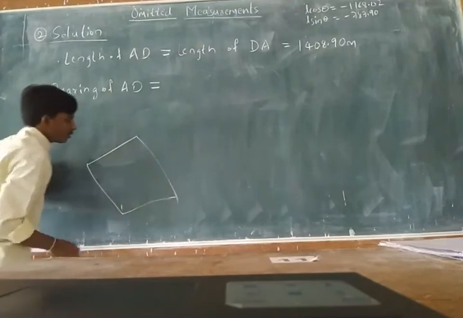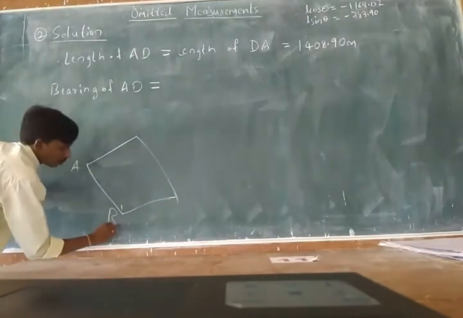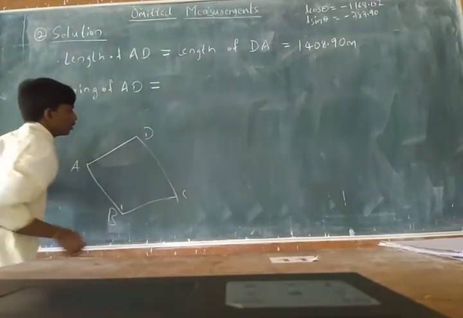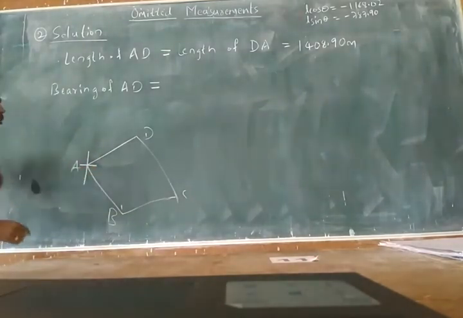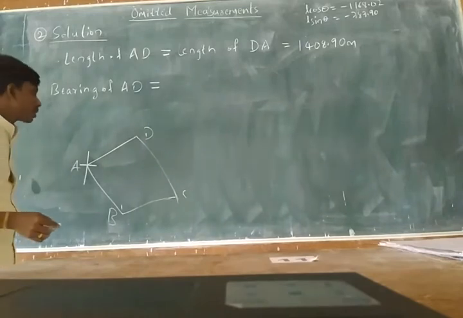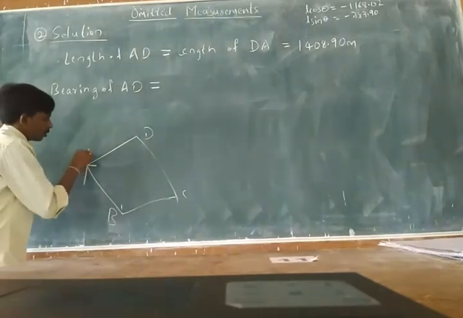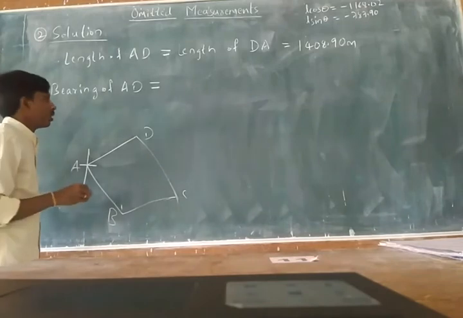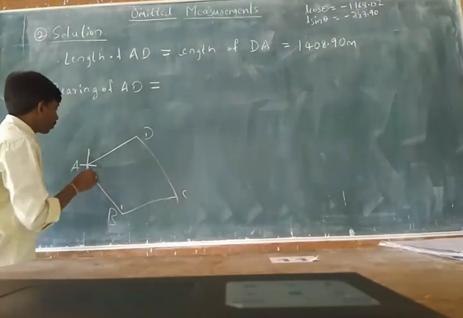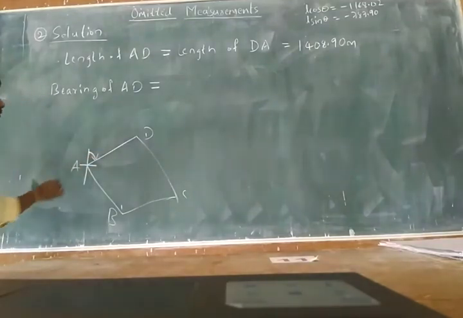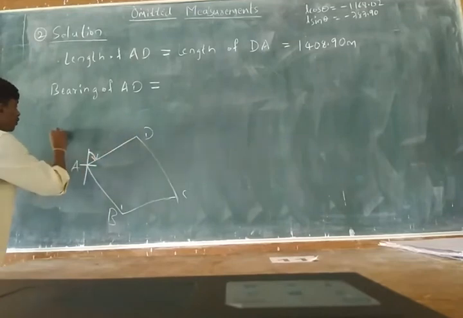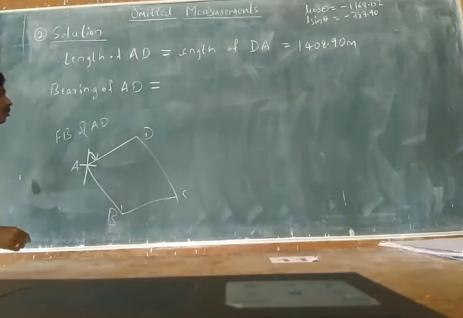See, if this is the traverse A, B, C and D, we always measure the bearings. There are two bearings, forebearing and back bearing. This arrow mark indicates the forebearing of AD, that is FB of AD.